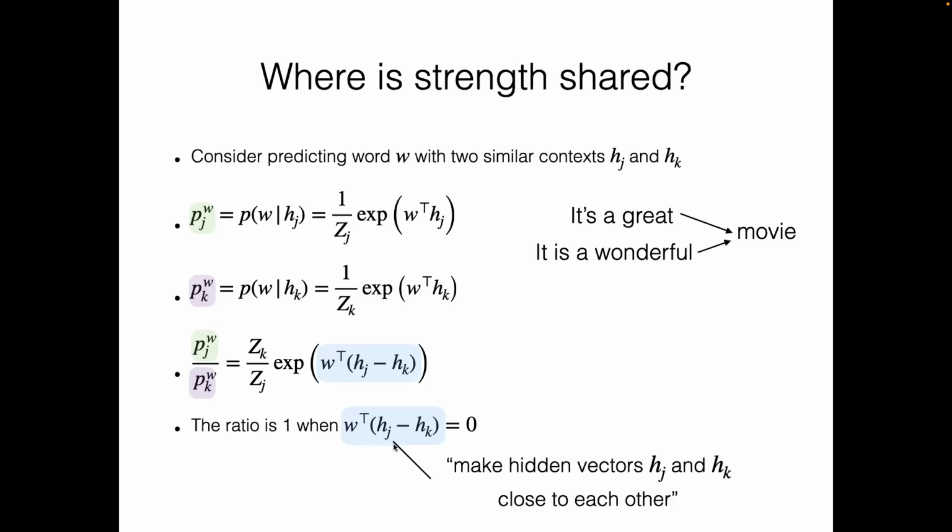So this is an argument that gives you some intuition for how the optimization procedure could encourage this kind of behavior. Again, this is written out more fully in the reading that I referenced for the class.